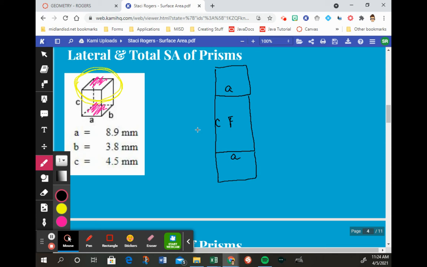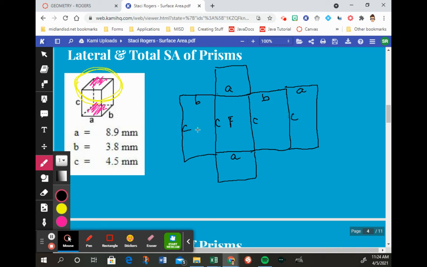Now I'm going to rotate around and do the B. This one is length B, and it's also on this side. It's length B right here. And then I have one more A. And all of these have a width of C.